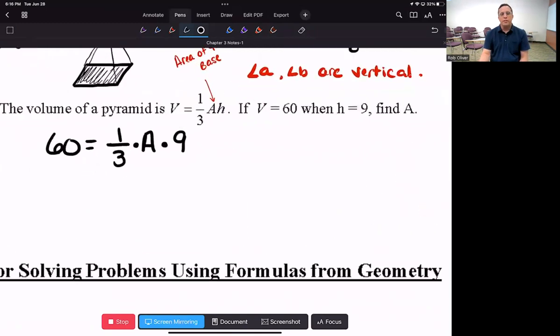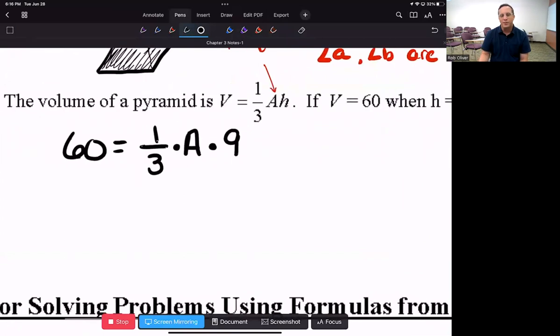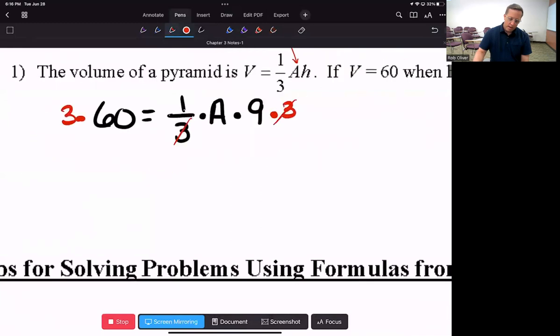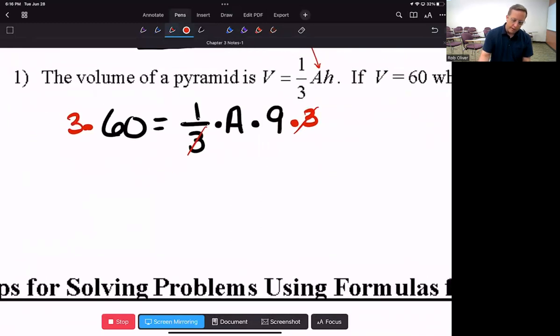Okay, and then the first thing I'm going to attack in this problem is just to undo that fraction. To undo a fraction is a matter of multiplying both sides by 3, by the denominator, because that's going to get rid of that denominator. Let me scratch that off, and I'm going to rewrite it.